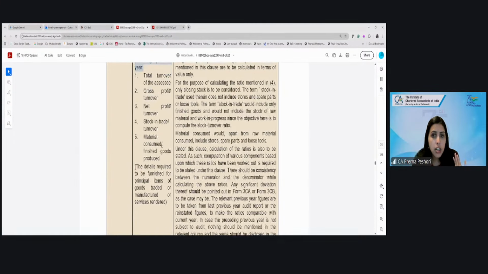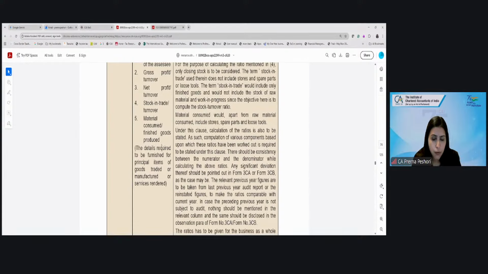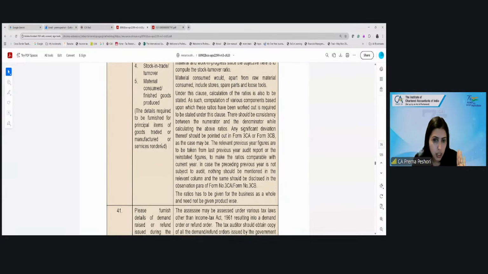So here, the computation of the ratios has to be worked out, and any significant deviation from the previous year to this year should be reported in Form 3CA or 3CB. And the ratios have to be given business-wise and not product-wise.